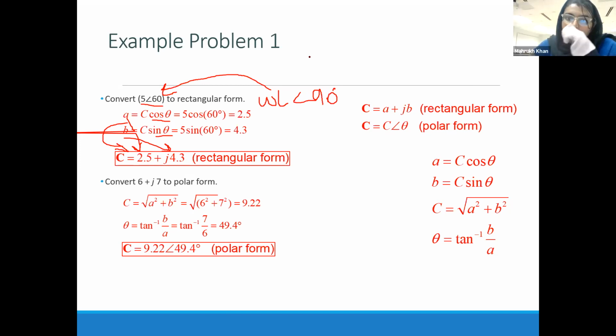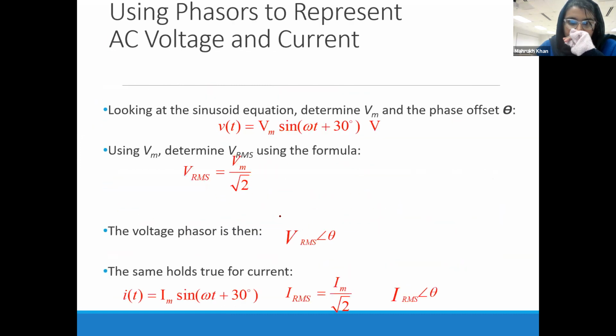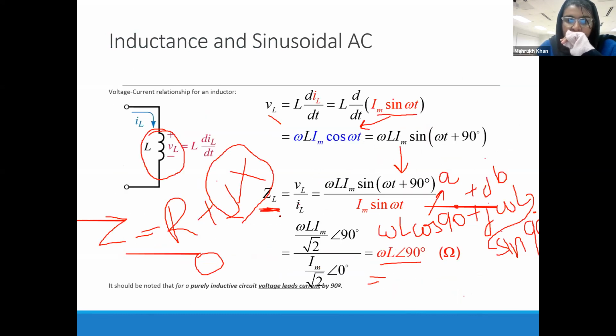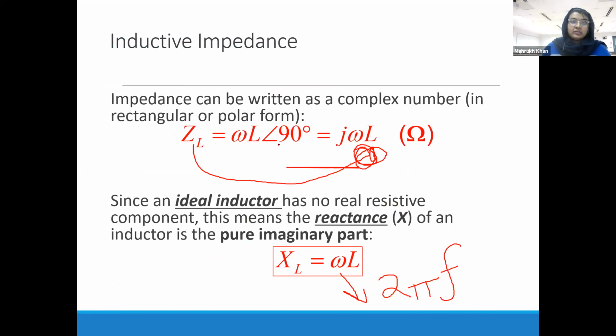Okay, so we are good till here. So we know that if there is an inductor in our circuit, it should be having omega L as its XL, and its impedance is J omega L. Let's see.